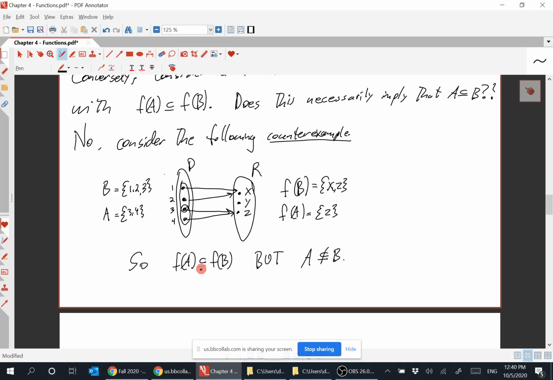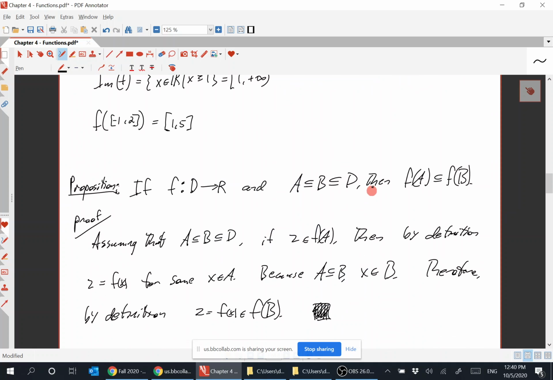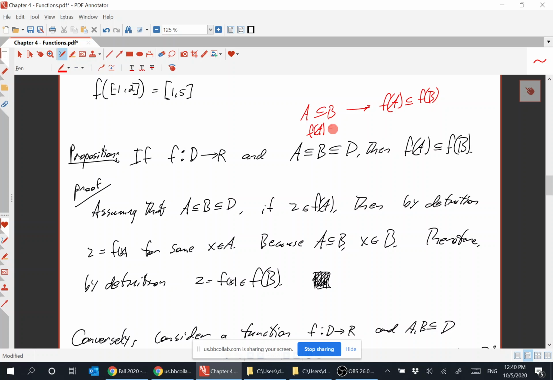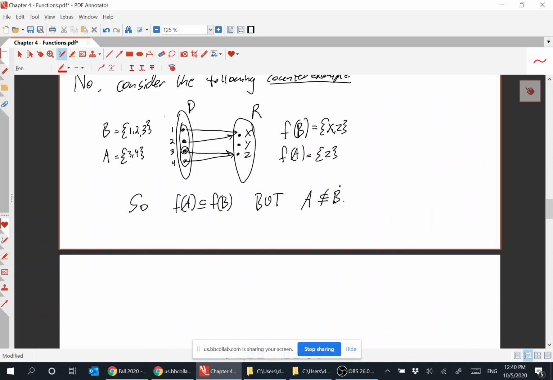So we proved over here that A a subset of B implies f of A is a subset of f of B. And down below, that counterexample says that f of A is a subset of f of B does not imply that A is a subset of B. So let's write that down here.